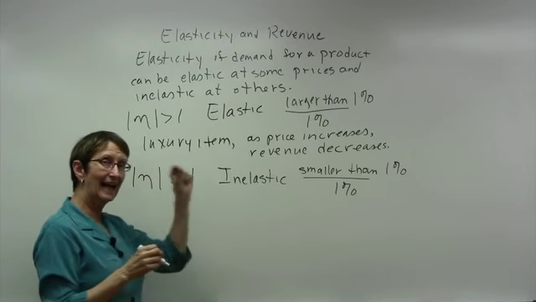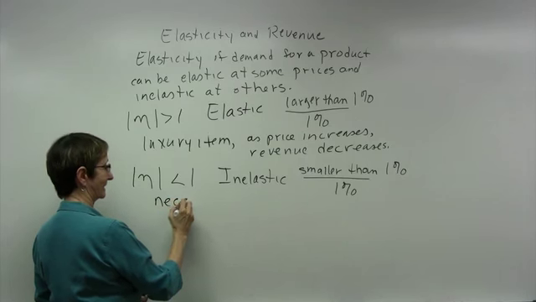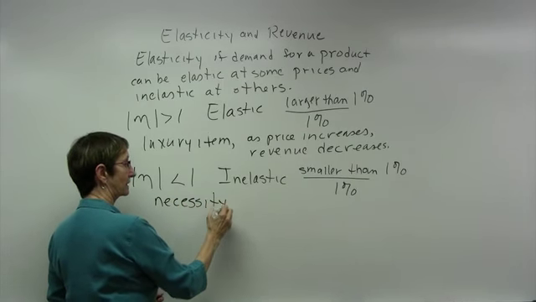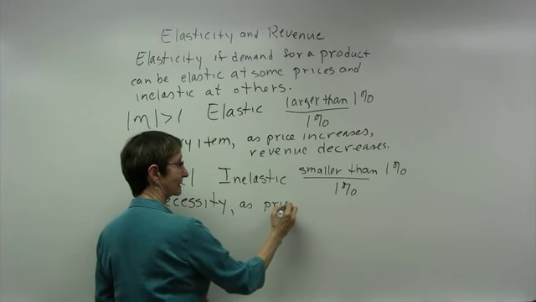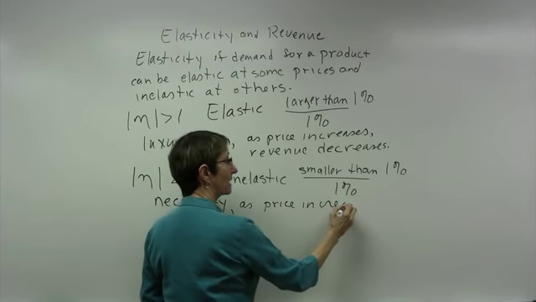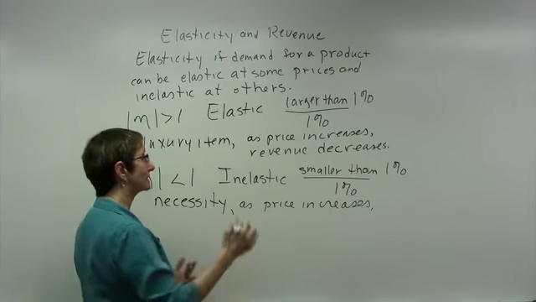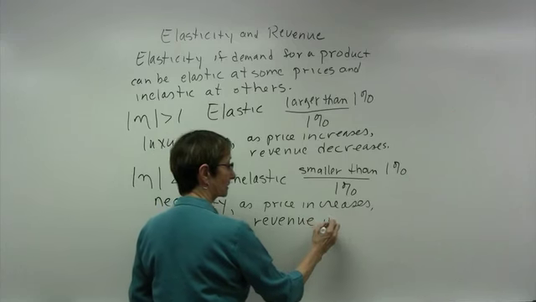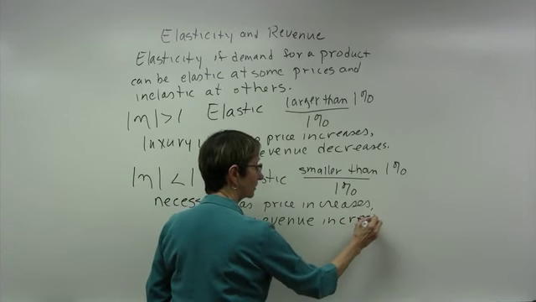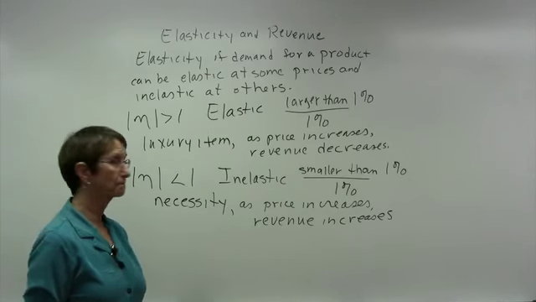And so if it's just a tiny decrease in demand, that makes that a necessity. So the item is necessary. As price increases, there's such a small decrease in demand that the revenue continues to increase. There's not much of a decrease in demand at all, so revenue continues to increase. Okay.